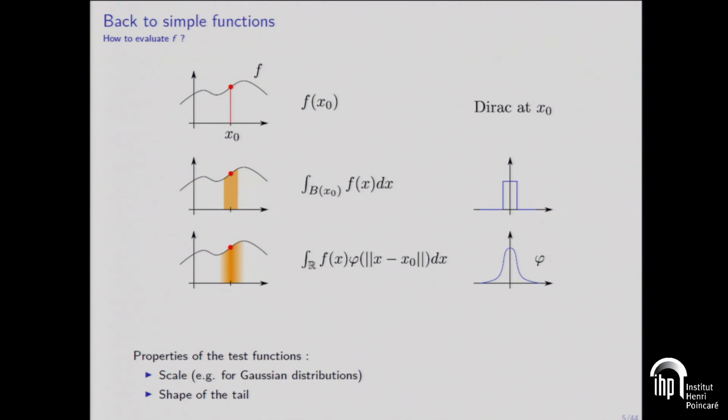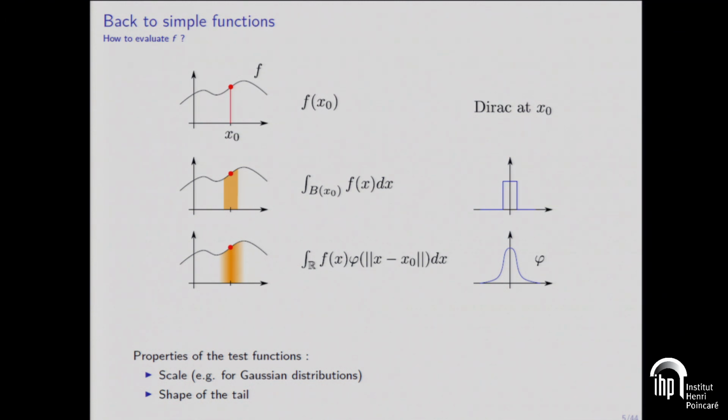All these approaches are related to the integral of your function f against some kind of test function. Here an indicator function, and here a smooth version of the indicator. This gives you some local information on the function f using an average. The properties of your estimation will depend on the properties of your test functions.